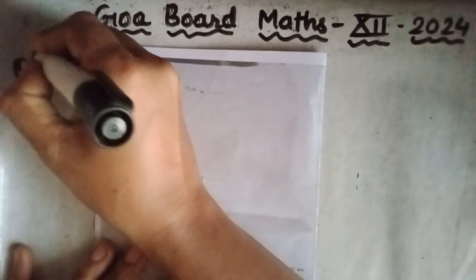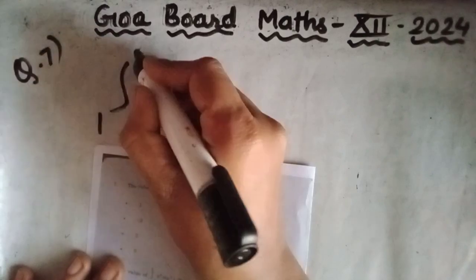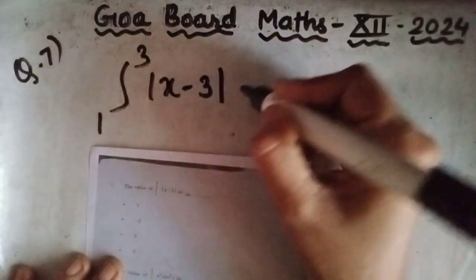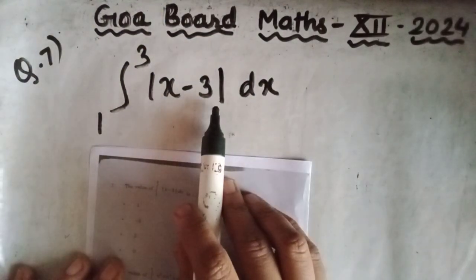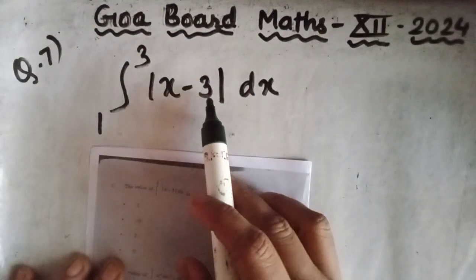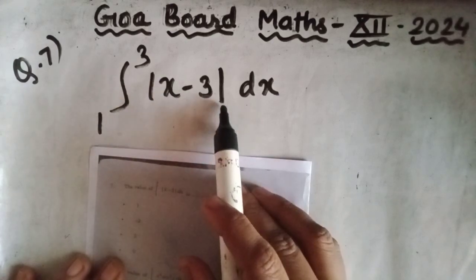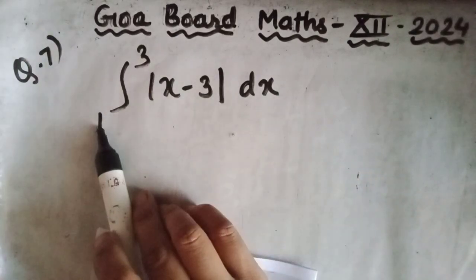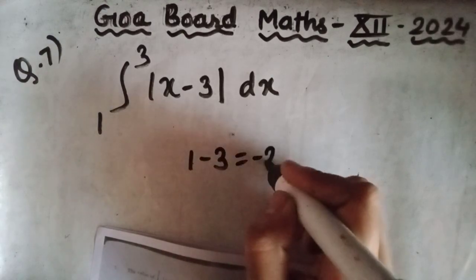The value of the integral of |x - 3| dx. Now this is given in the mod, so first you have to determine the values of x for which this value becomes negative and positive. If we put 1 here, then it will be minus 2.